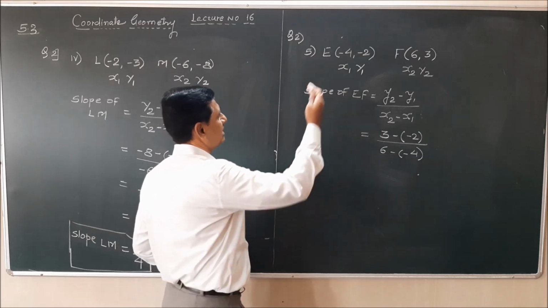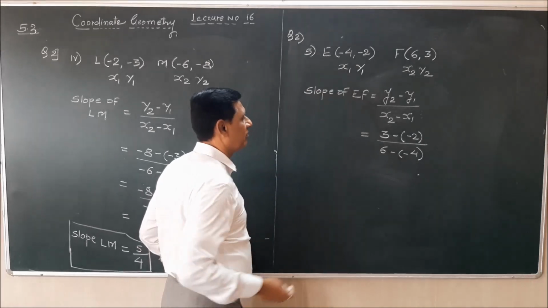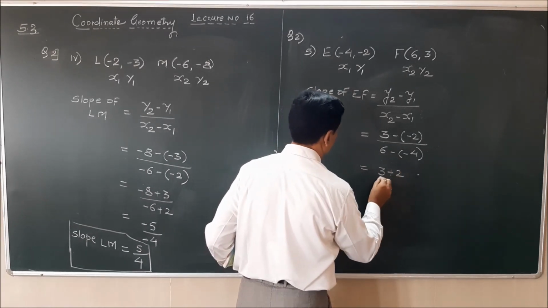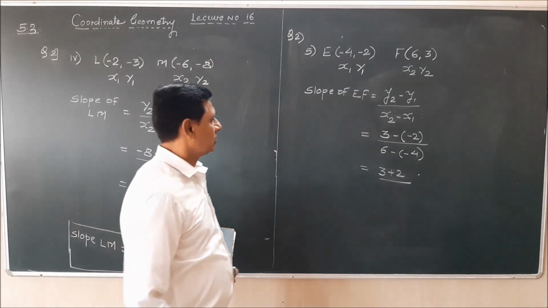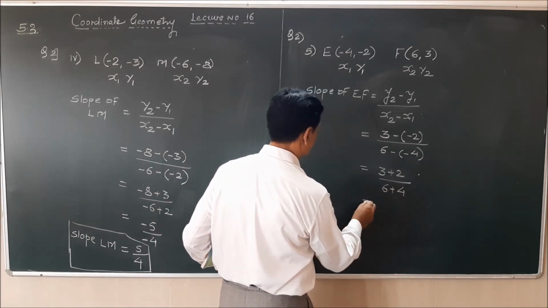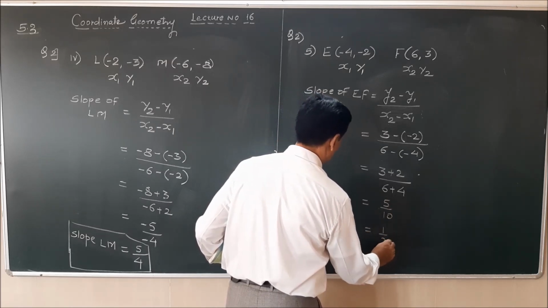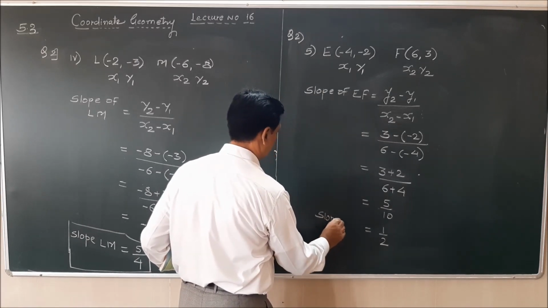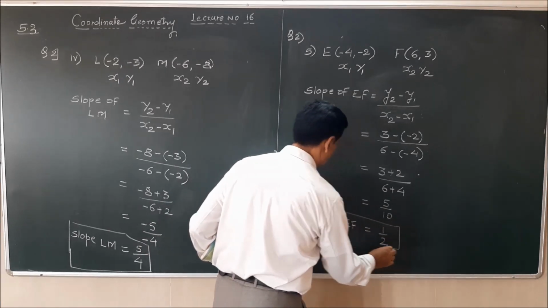So y2 minus y1 is 3 minus of minus 2, and x2 minus x1 is 6 minus of minus 4. So you will get 3 plus 2, the effect of the minus sign on minus 2, upon 6 plus 4. 3 plus 2 is 5 upon 10. So naturally it is 1 upon 2. Slope of EF is 1 upon 2.